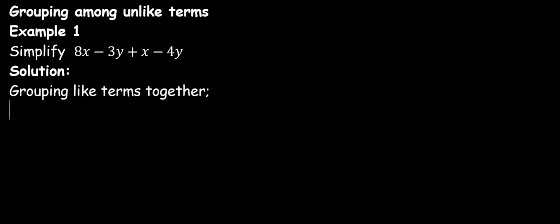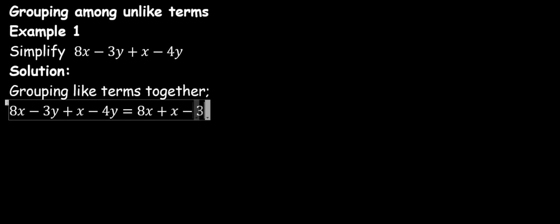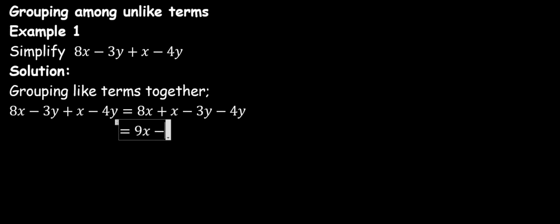8x minus 3y plus x minus 4y will be equals to 8x plus x minus 3y minus 4y. We've just collected similar terms together. Now our result will be 9x minus 7y. Another example. Simplify 13m plus n minus 6m minus 3n.